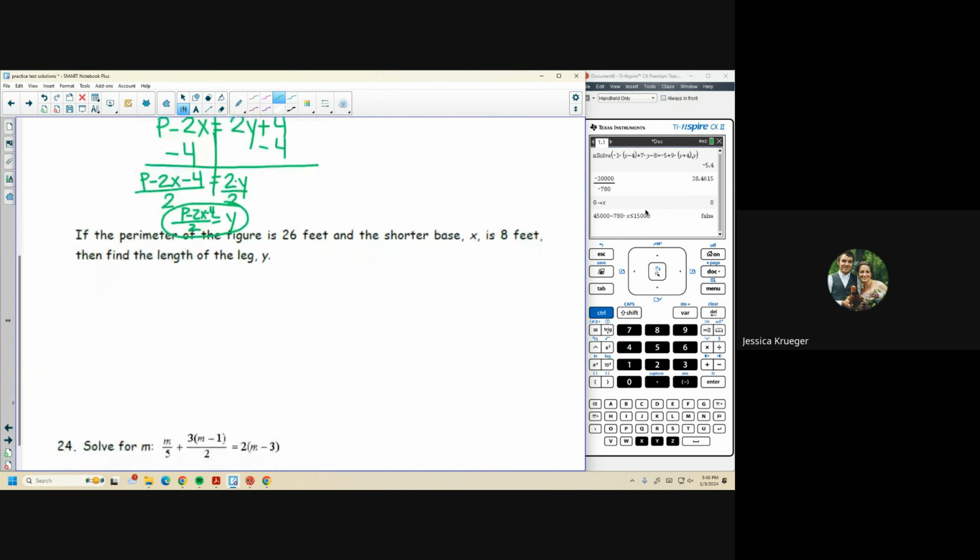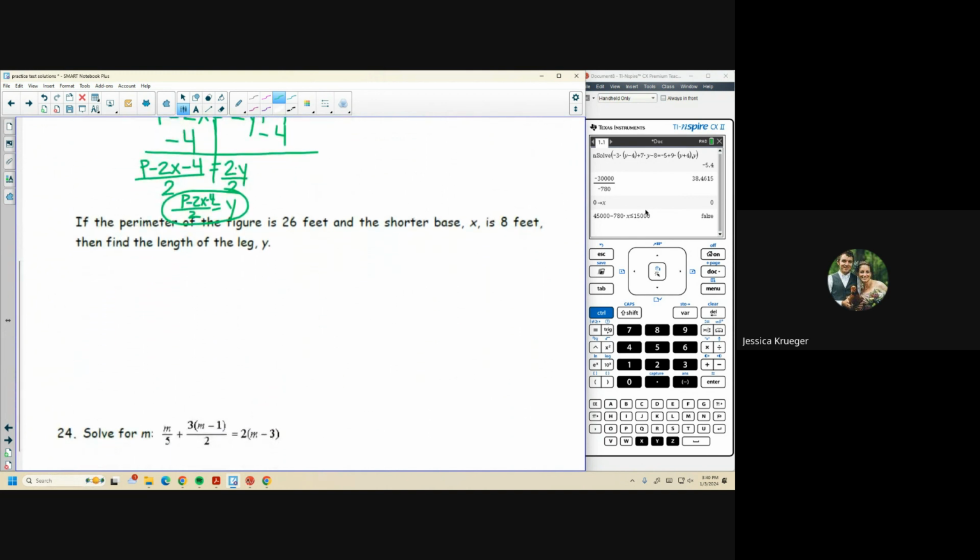Now, the second part says if the perimeter of the figure is 26, so if P equals 26 and the shorter base x is 8, then find the length of the leg y. Well, the good news is I know y is equal to P minus 2x minus 4 all over 2. So now I'm just going to substitute these in. If P is 26, I'm going to replace P with 26.